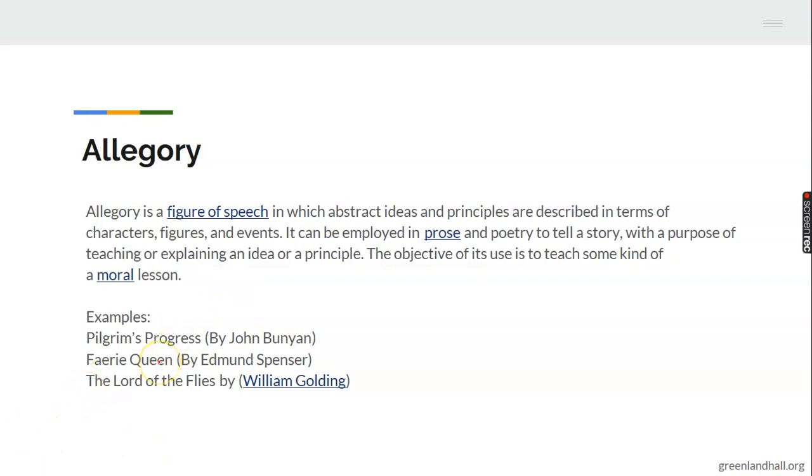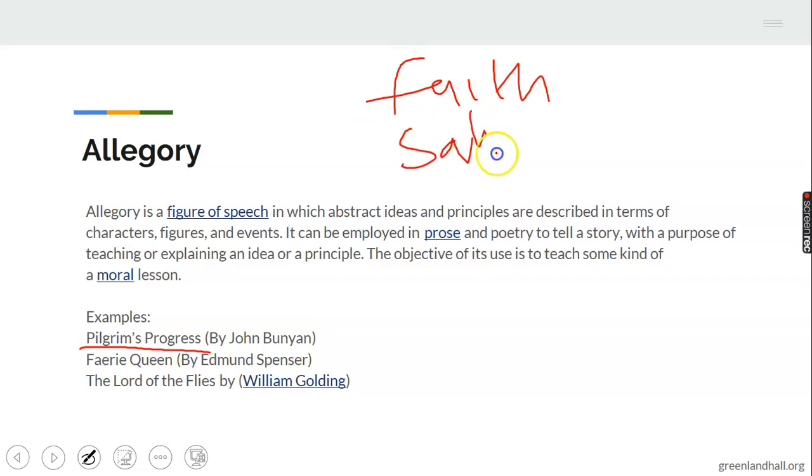If you have gone through Pilgrim's Progress, this wonderful book, I read this when I was in primary school. Here, Christian ideas like faith, salvation, and lots more were made to act as characters.